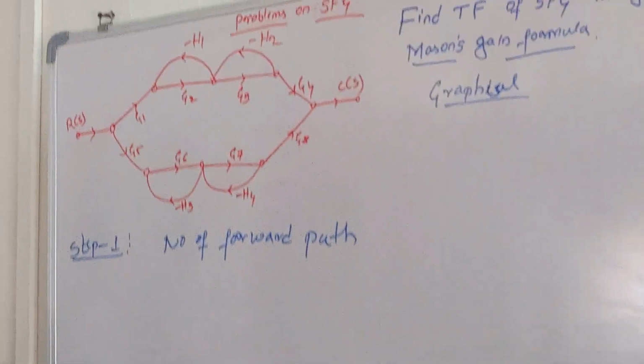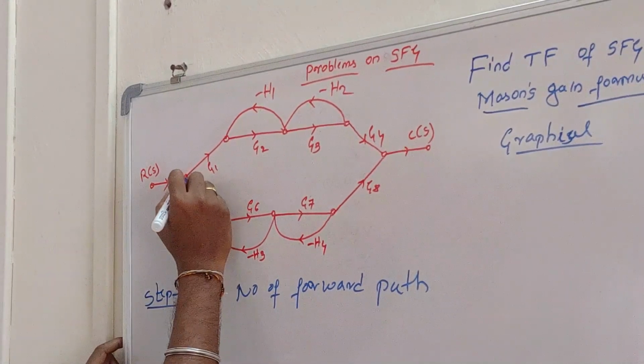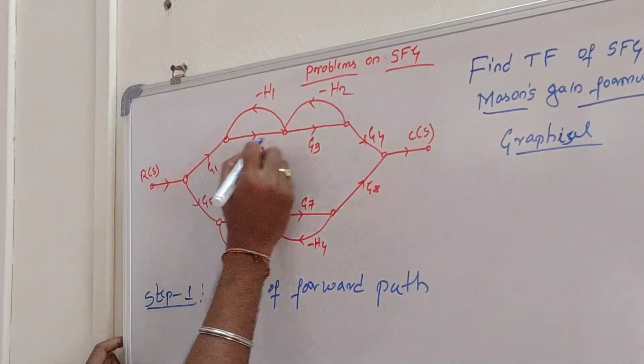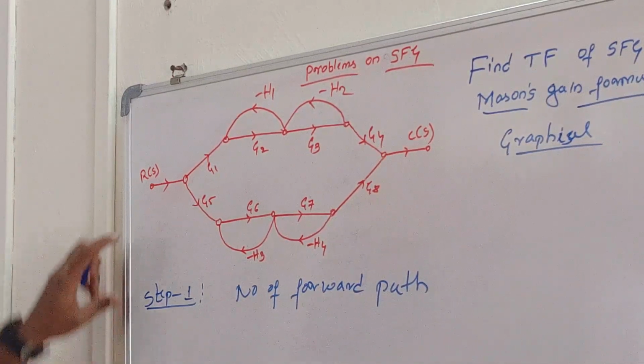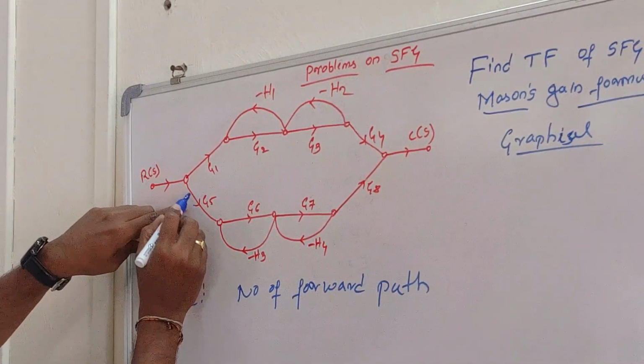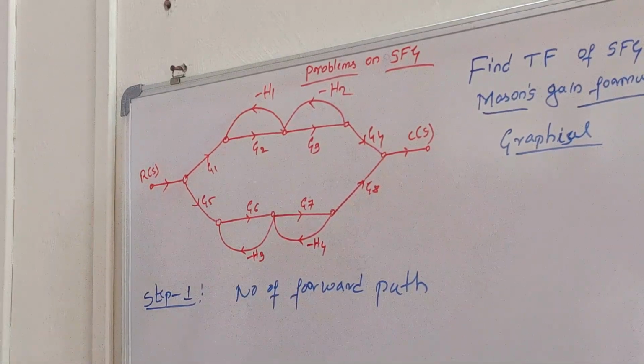In this signal flow graph there are two forward paths. The first forward path is from the input node through G1, G2, G3, G4 and finally to the output node C(s), and the second forward path is G5, G6, G7, G8, and in that case no node is traversed more than once.